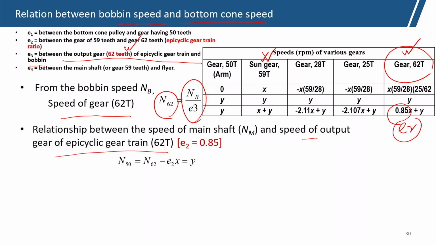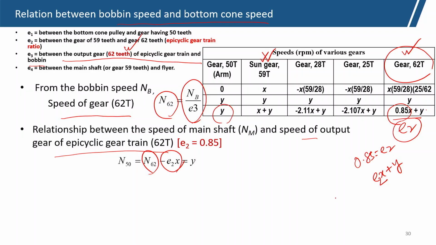So, N50 is N62 minus E2 x. Now, gear 62 is E2 x plus y, and 50 is y.